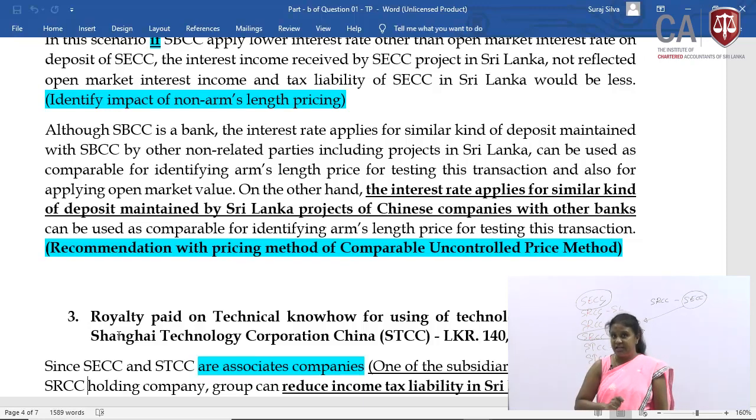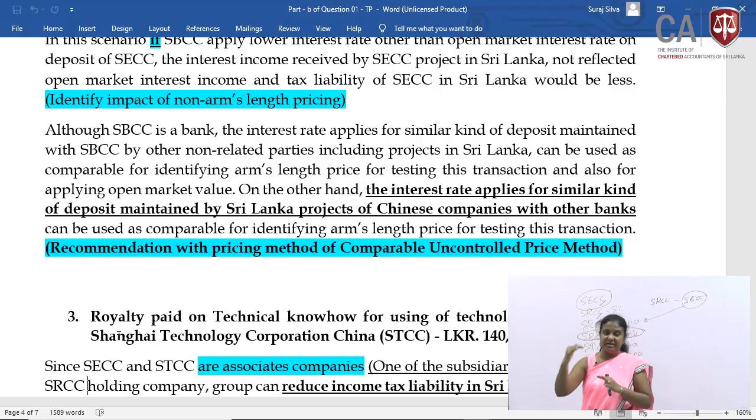Now, we have one of the options in the market. We can check what SBCC has given for other similar feasibility study projects in Sri Lanka, what rate they have given. Then, on the other hand, the interest rate applied for similar kinds of deposits maintained by Sri Lanka projects of Chinese companies with other banks.